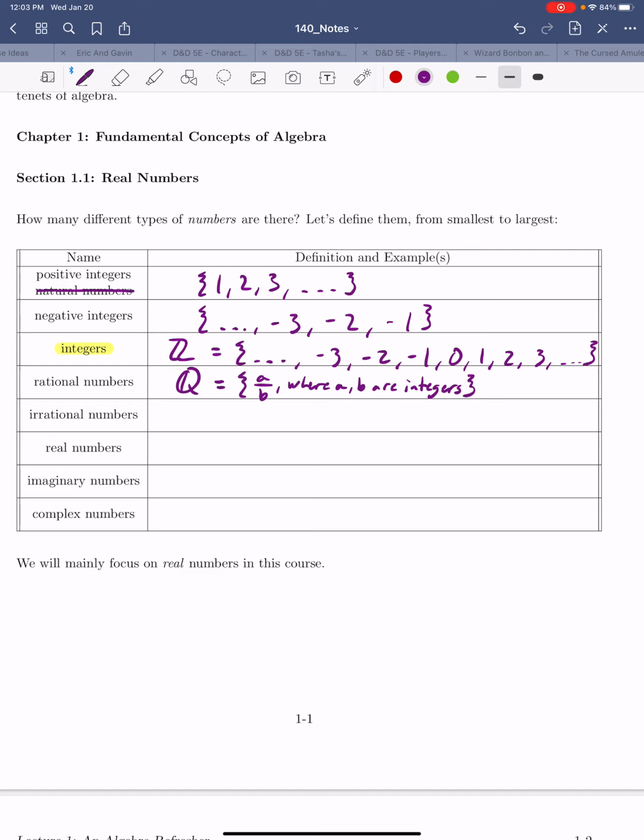And we also have to include that B does not equal 0, because we can't be dividing by 0. That's not allowed.